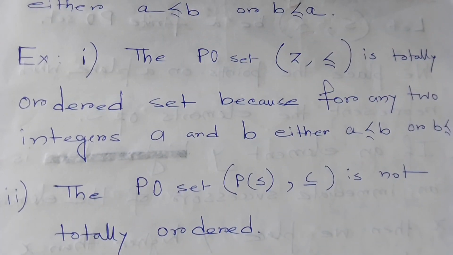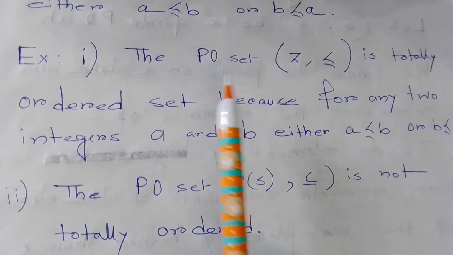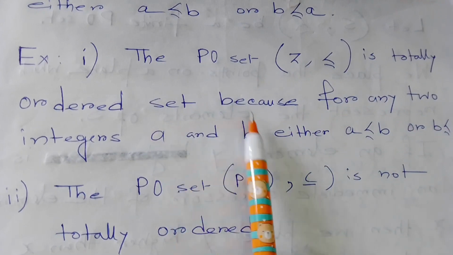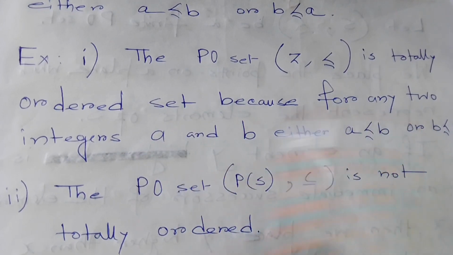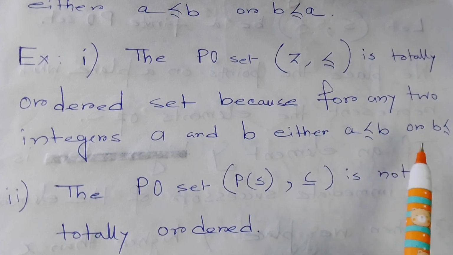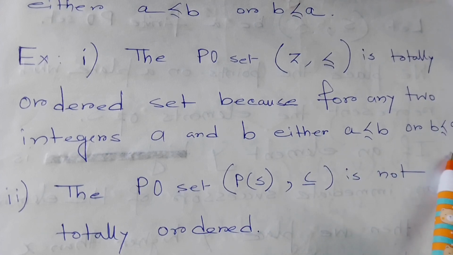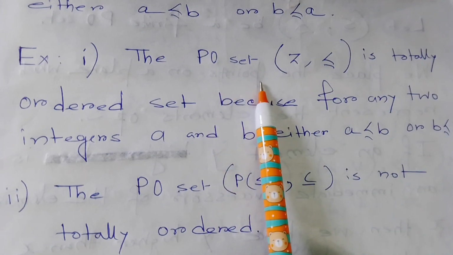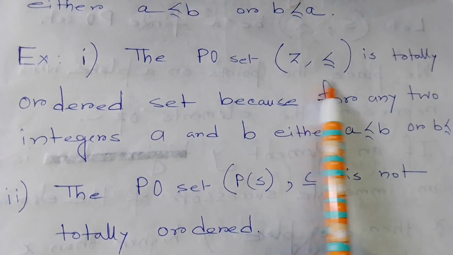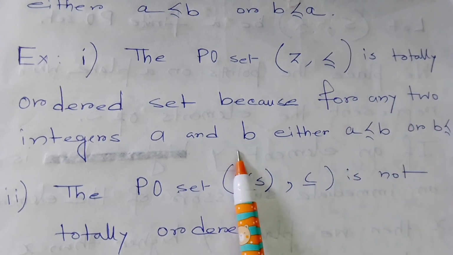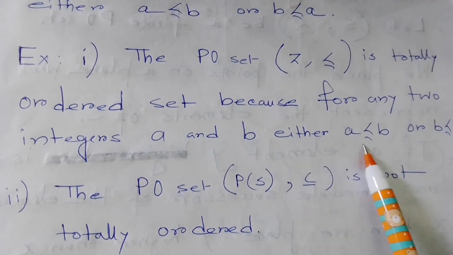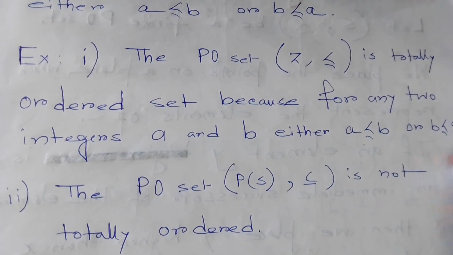Now coming to its examples, like the poset (Z, ≤) is a totally ordered set because for any two integers A and B, either A ≤ B or B ≤ A. So for that poset, obviously for any two integers, one of these is true.